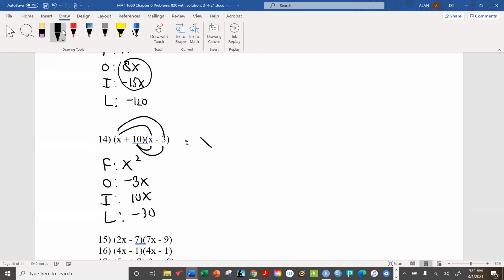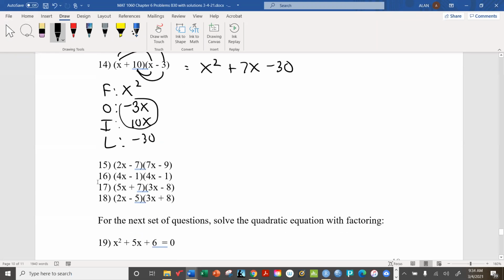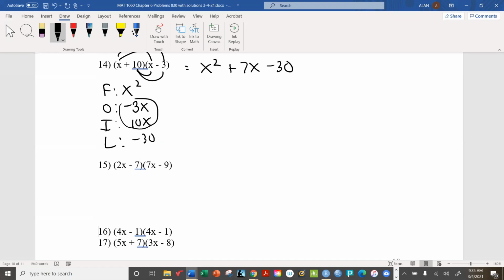So we have x squared. When you combine these, you get plus 7x minus 30. All right, very good. What about this one?